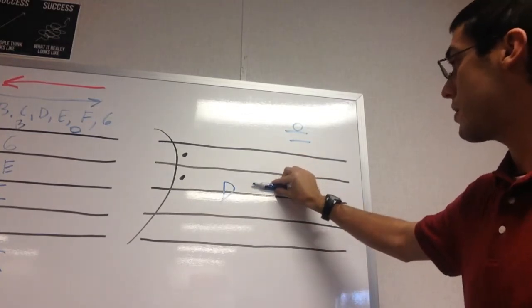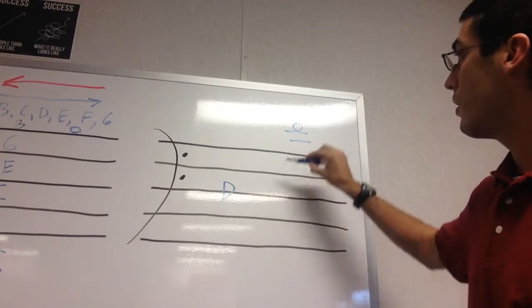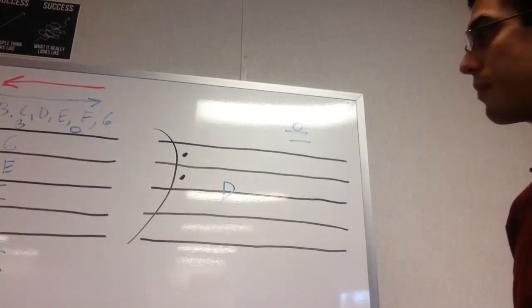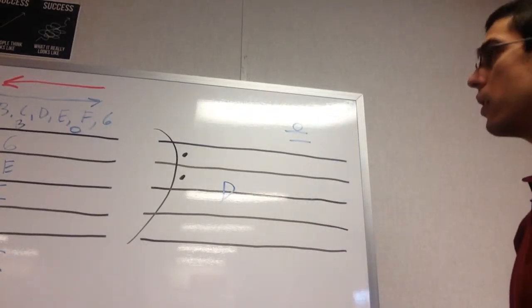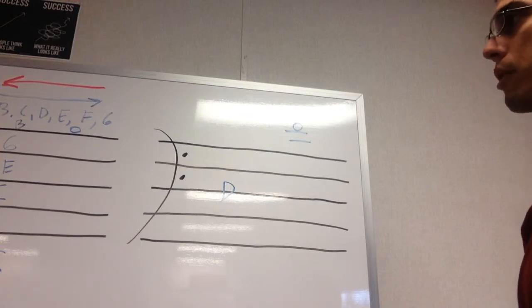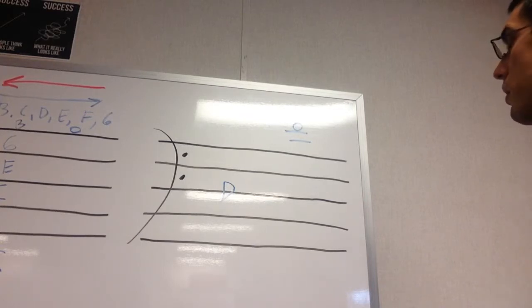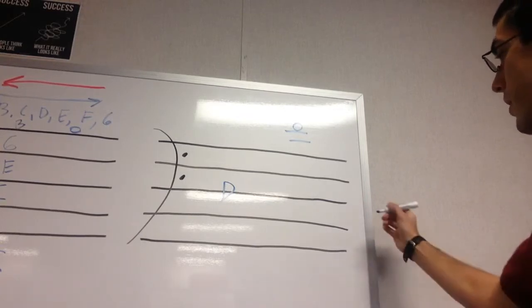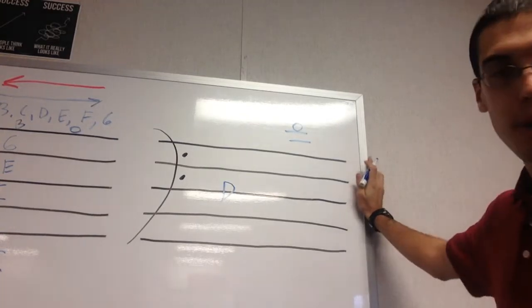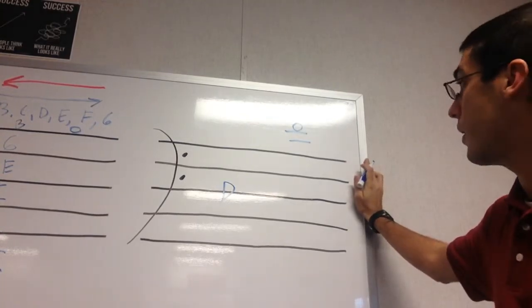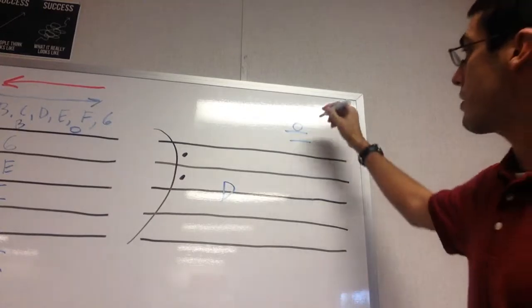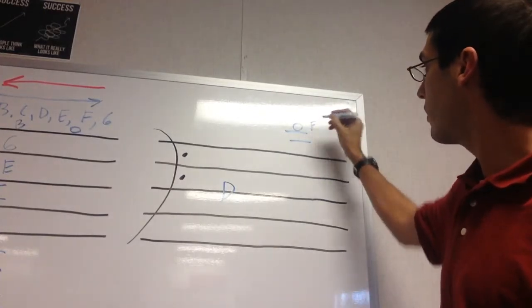Don't skip any spaces. Don't skip any lines. When you get to G, remember to start back over at A. I'm about to tell you the answer, so if you haven't found it yet, go ahead and pause the video and find it. The answer is F.